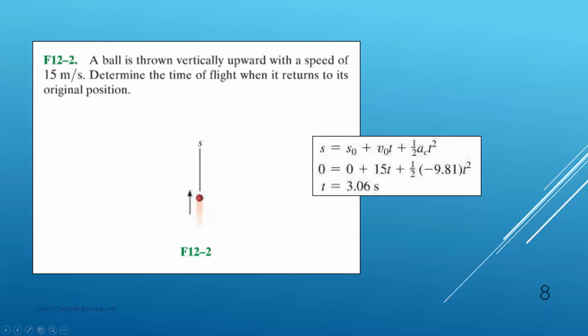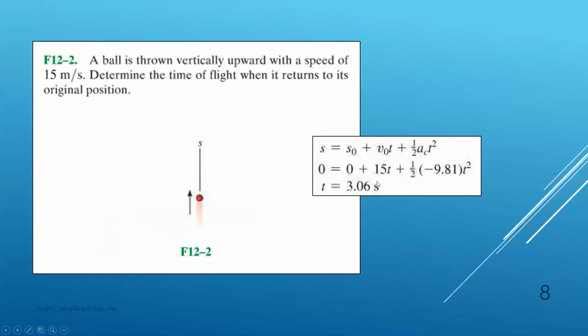So just put v naught equal to 15. And you know that this a_c is the acceleration of gravity, and the minus sign represents that it is going up, okay, because the acceleration direction is going down. So that's why we have a negative sign.